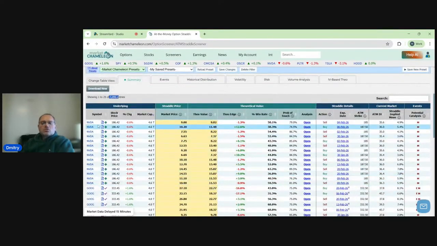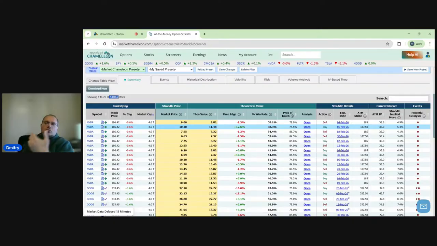So when we look at a straddle, what's a straddle? At the money straddles, we're looking at a strike that's closest to the underlying stock price.